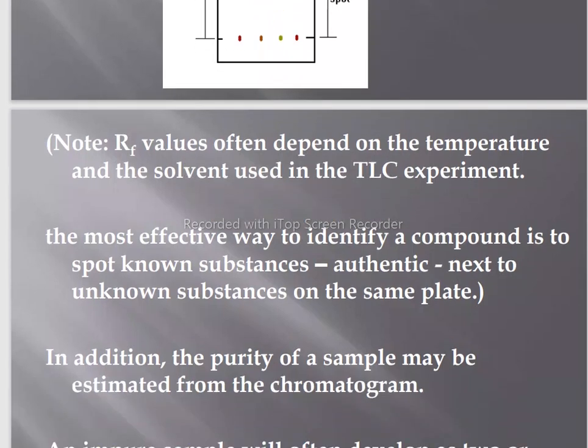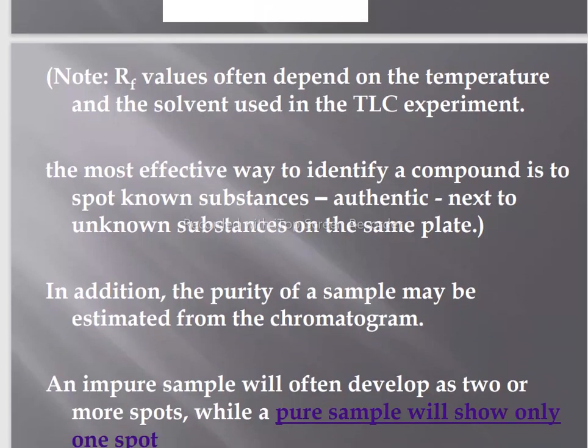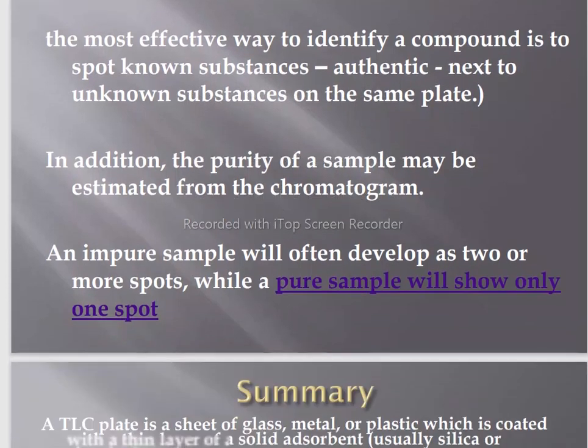The most effective way to identify a compound is to spot a known authentic substance next to the unknown substance on the same plate. In addition, the purity of the sample may be estimated from the chromatography. An impure sample will often develop as two or more spots, while a pure sample will show only one spot.